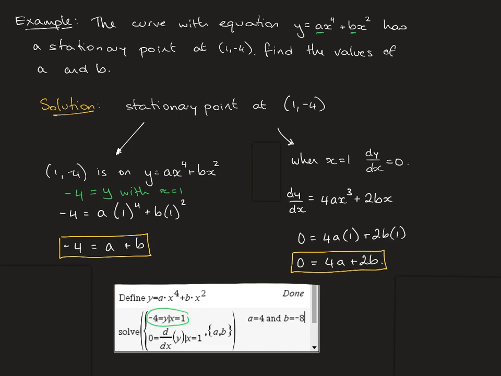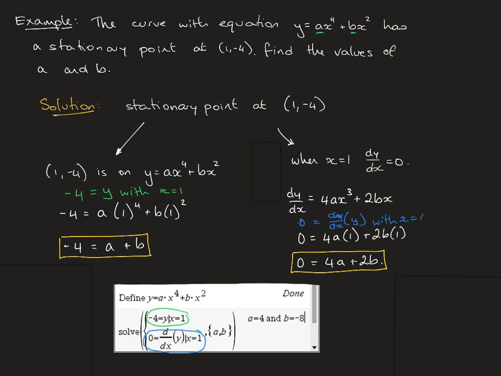And then the second thing is 0 is equal to dy/dx, or d/dx of y with x equal to 1, which is what this is saying here.